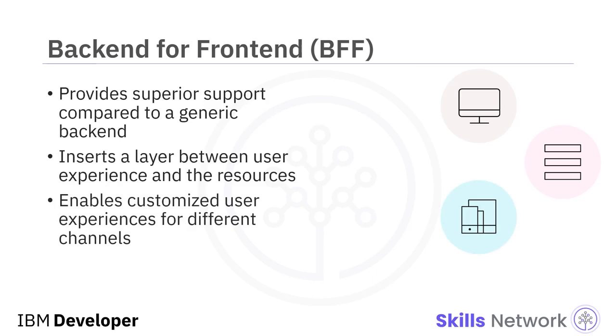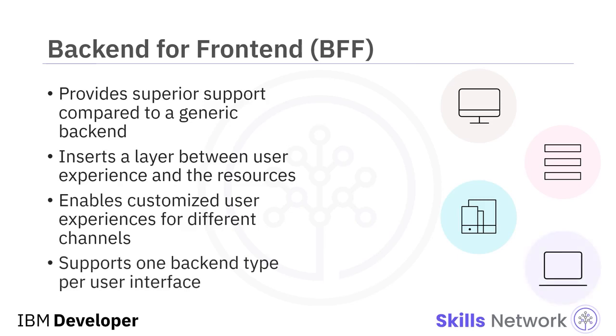For example, an app used on a desktop will have a different screen size, display, and performance limits than an app used on a mobile device. The BFF pattern allows developers to create and support one backend type per user interface, using the best options for that interface rather than trying to support a generic backend that works with any interface but may negatively impact front-end performance.